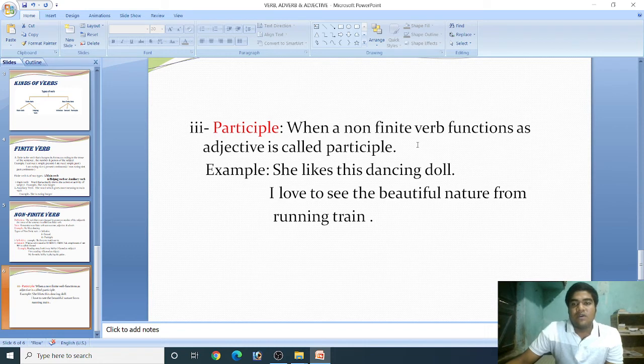When a non-finite verb functions as an adjective, it is called participle. It's very simple. I have given an example here: she likes this dancing doll. In this sentence, likes is the main verb, and doll is the noun. Dancing tells about this doll. When something is told about any noun, that is an adjective.